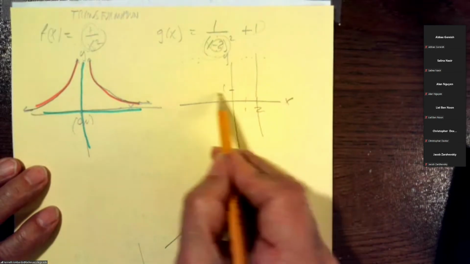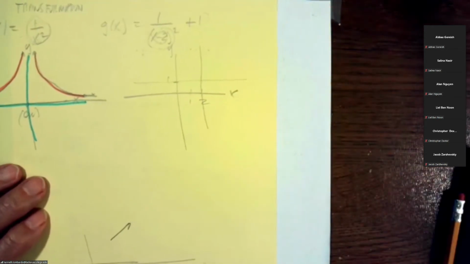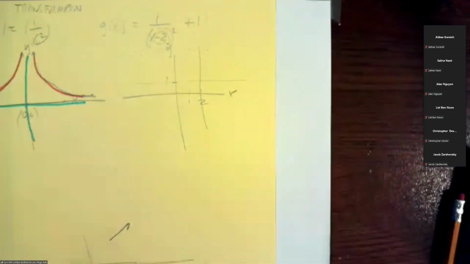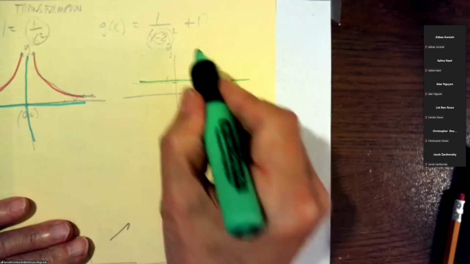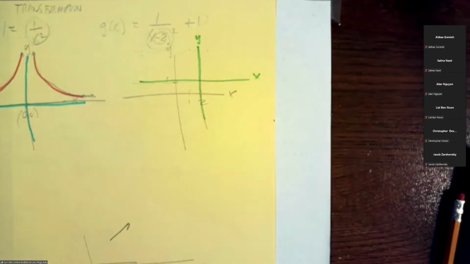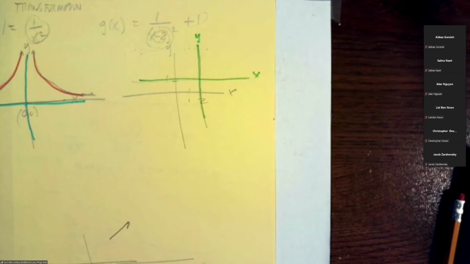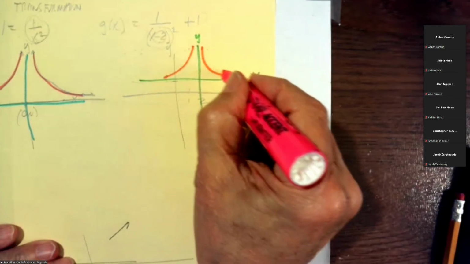So here's 1. So now we have a new curve that, if I say, here's my shifted axis, here's the x and y, I now have the function that comes down here and comes down here.